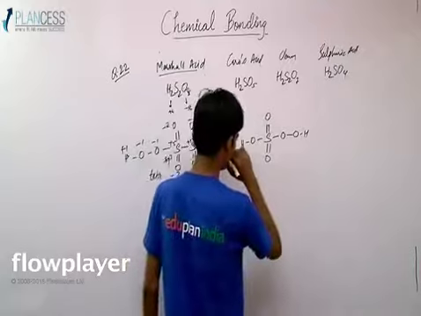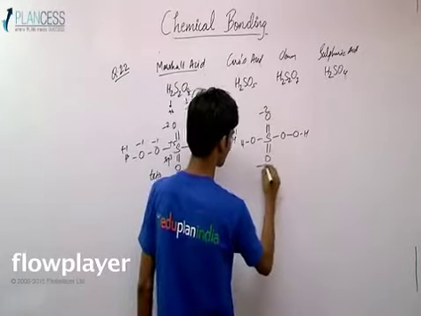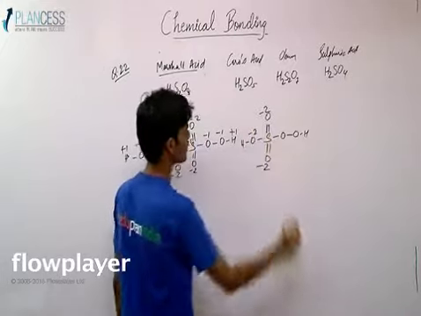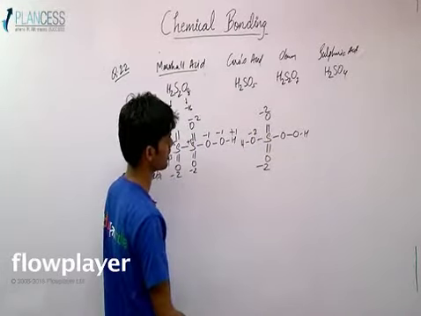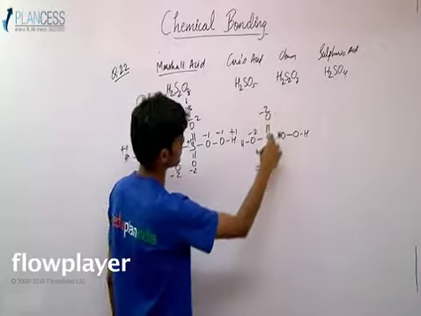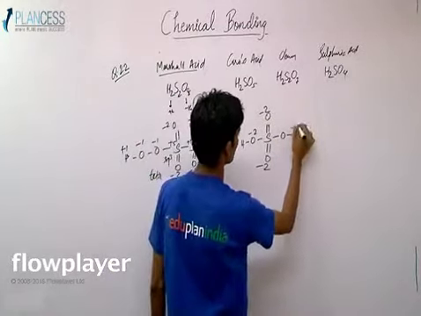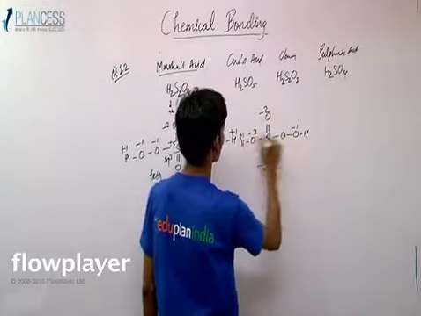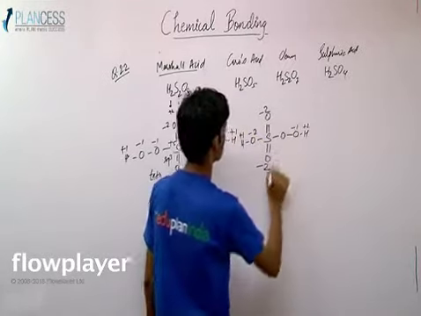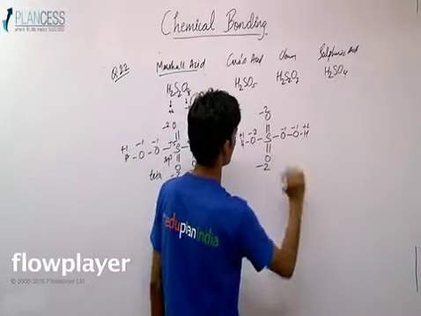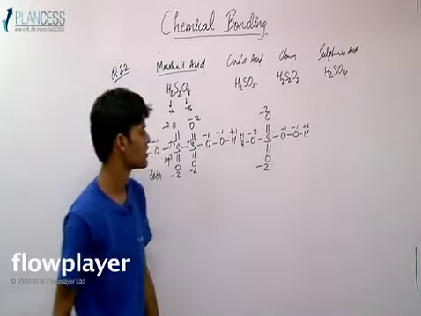So it has -2, -2, -2 also. Sulfur is +6, yeah, so fine. So it has -1, it has +1, it has +1, and this one has also -1. So the total charge is neutralized.